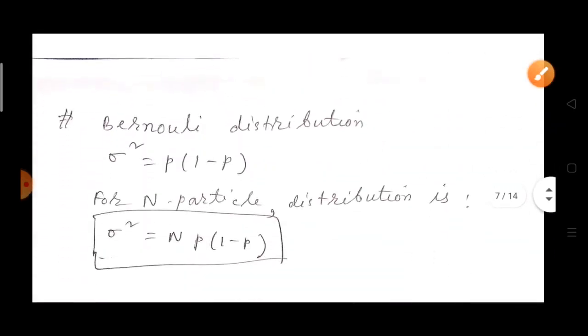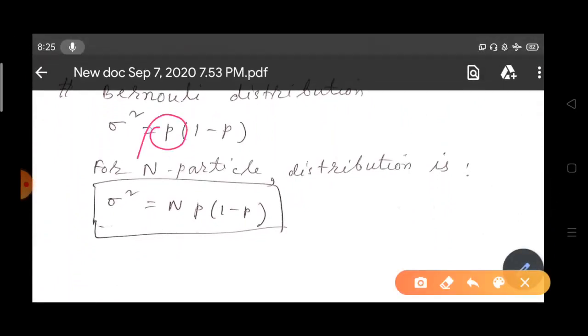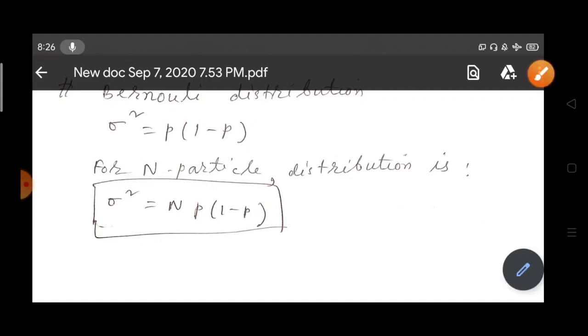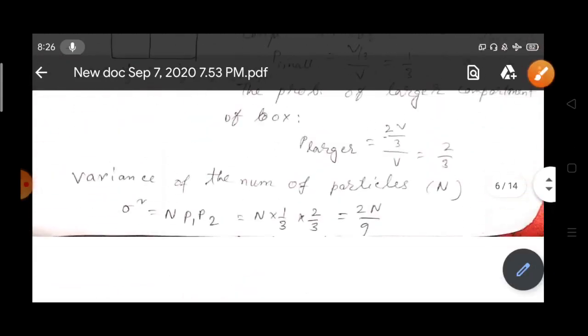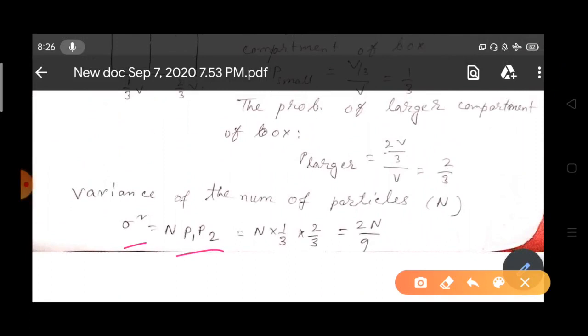This is the formula of the Bernoulli distribution: if p is the probability of the favorable event that is going to occur, and 1 minus p is the probability of the events that are not favorable, then sigma square is p into 1 minus p. So the variance of the number of particles is sigma square equals N into p1 into p2, where p2 is 1 minus p1.